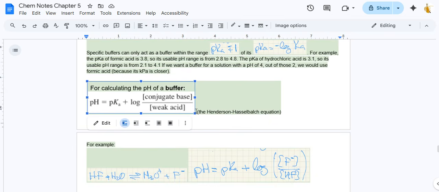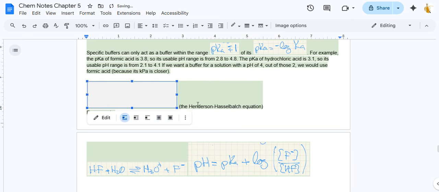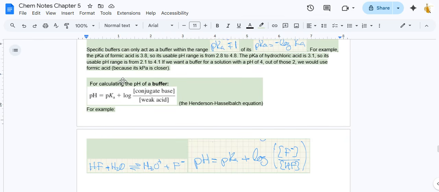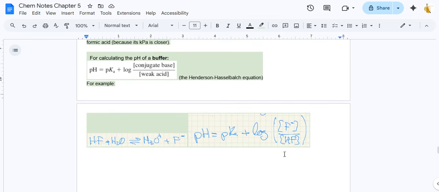And to calculate the pH of a buffer, we use this equation called the Henderson-Hasselbalch equation. This is just an example of how to plug in.